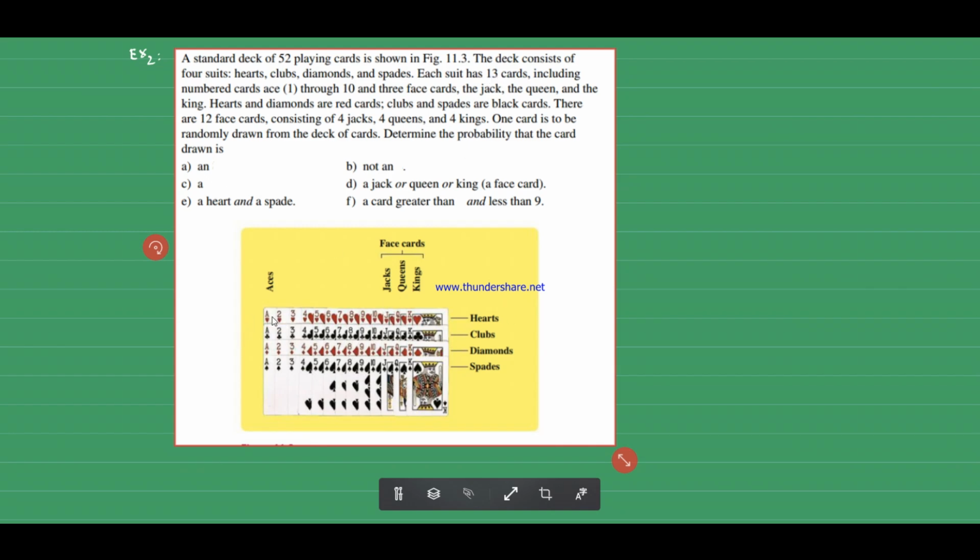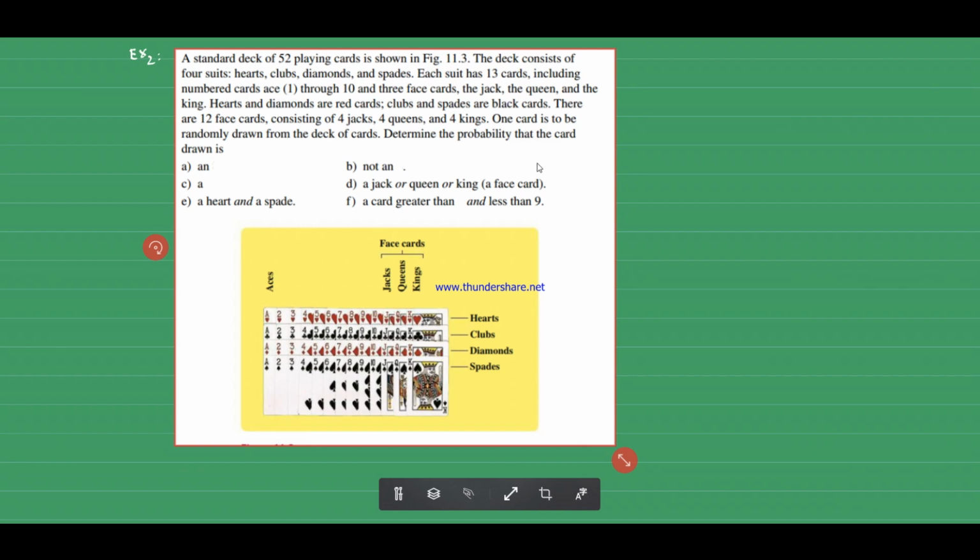So you see that we have 13 cards over here. We have heart, club, diamond, spade, 1 to 10, and 3 face cards. Face cards are jack, king, queen, and we have 12 face cards in total. So we have four jacks, four queens, four kings.